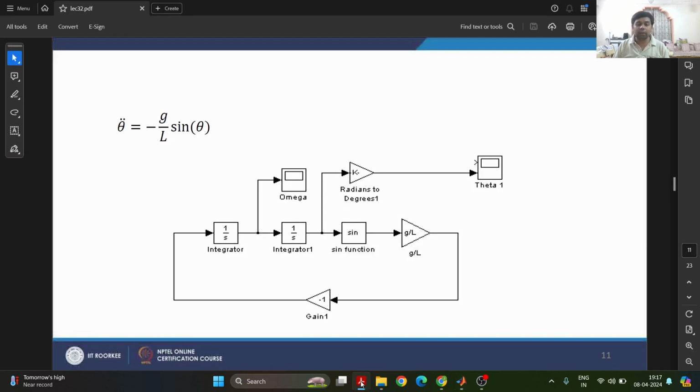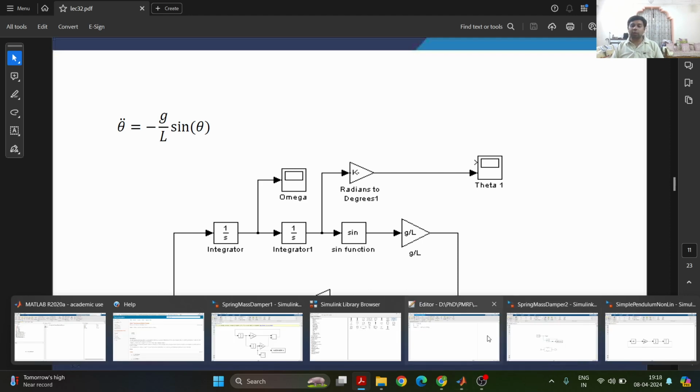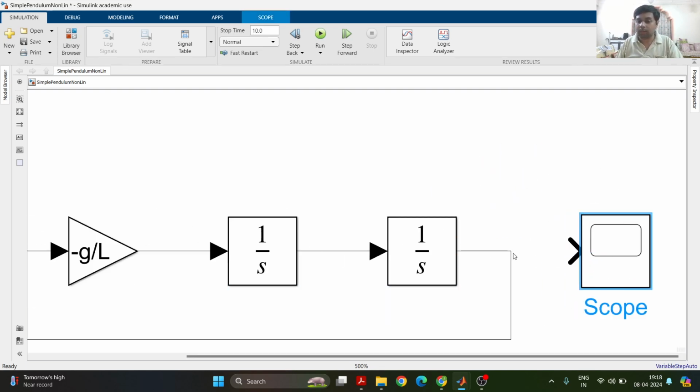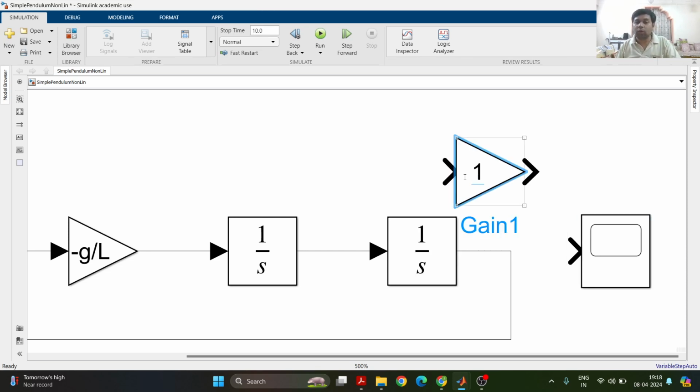Now to visualize the signals, here they have used two gain blocks. In our case, we have just combined it into one gain block of minus g by L. Integrating it once is the angular velocity, and integrating it twice is the angular displacement. Then we'll put a scope here, and we'll convert.